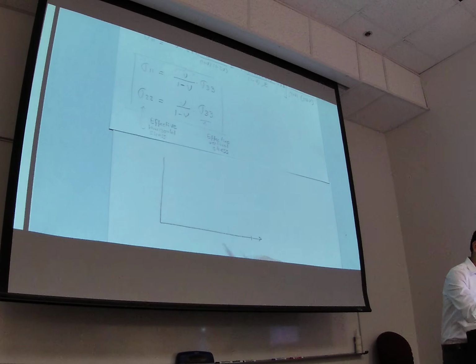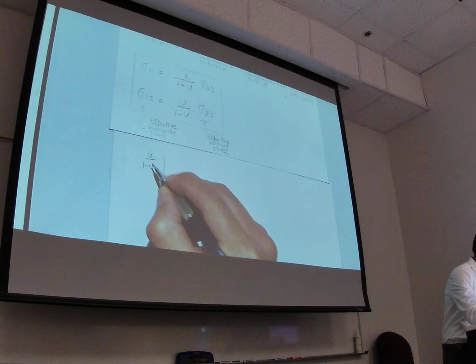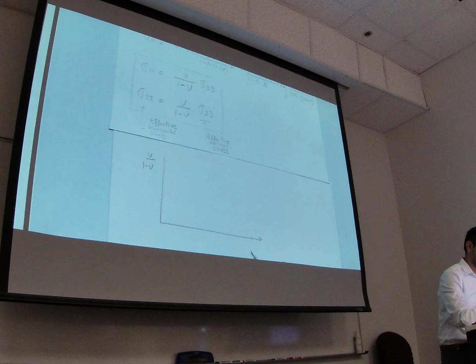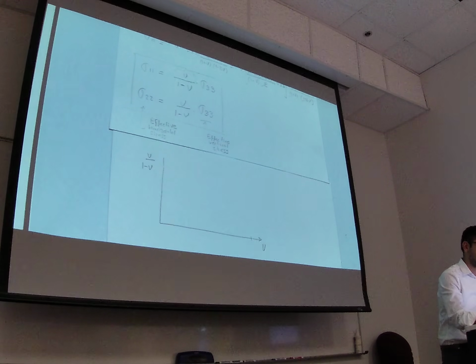And in order to have a better idea about what that value can be, let's plot here effective lateral stress coefficient versus Poisson ratio. What are typical values of Poisson ratio that we said a couple of lectures ago? We said 0 to 0.5, cannot be larger than that.